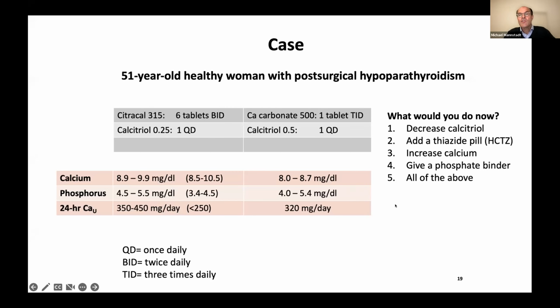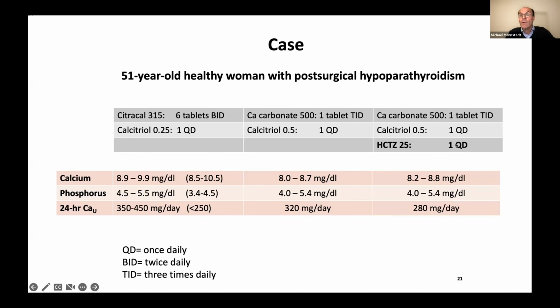Yeah. And so thiazides, that's really well done. And that's what we did. We added hydrochlorothiazide. And what it did was actually it decreased urinary calcium again, right? So really nice. We went from very high level to not so high levels.